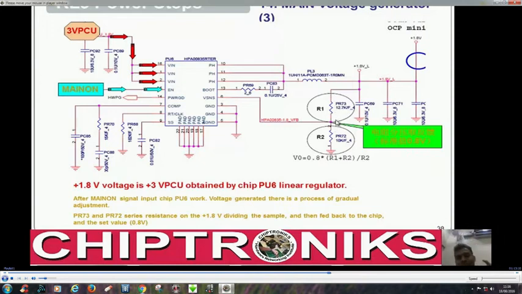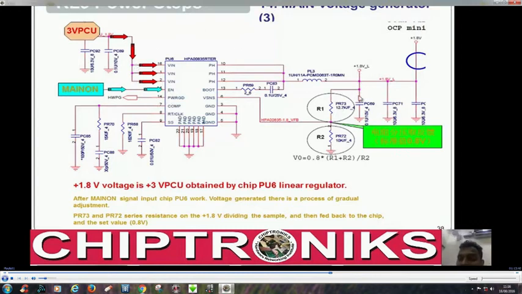These two resistors are very essential because this is a linear regulator. You see there are no MOSFETs over here, no MOSFETs over here. It is generating 1.8 volt from 3V PCU with main on as enable.